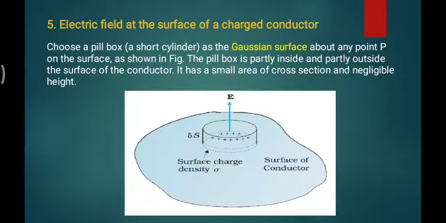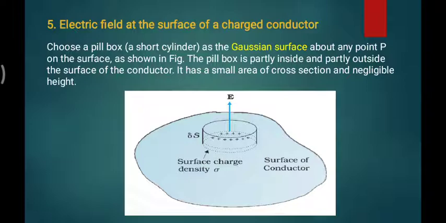At the point P, a point on the surface as shown in the figure, the pillbox is partially inside, attached to the surface, and partially outside. It has a small cross-sectional area and negligible height.